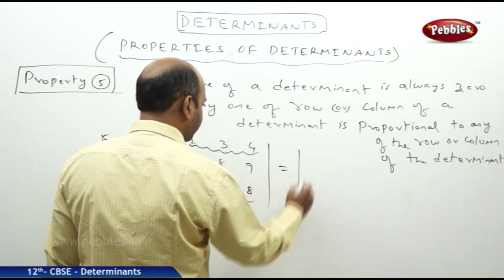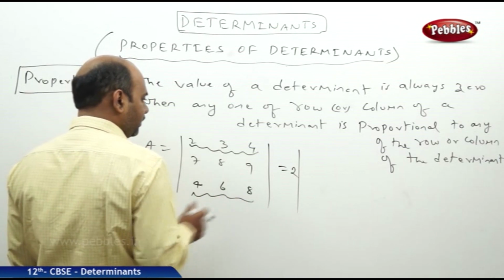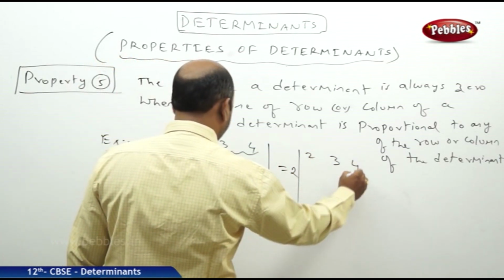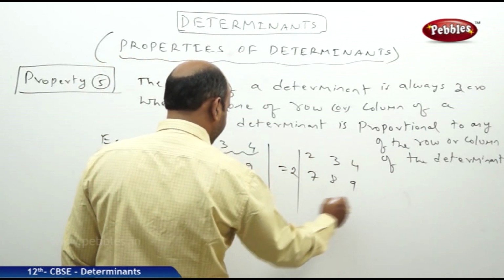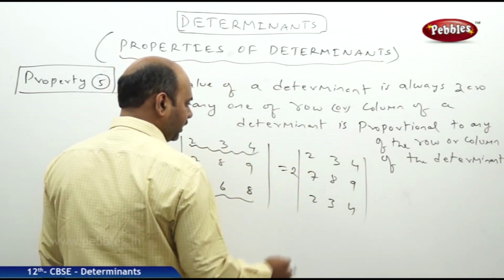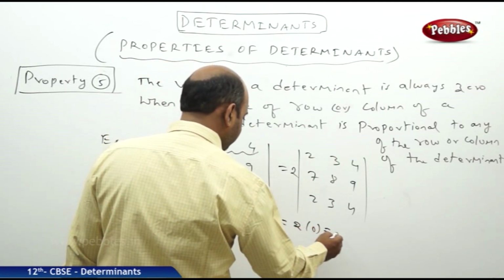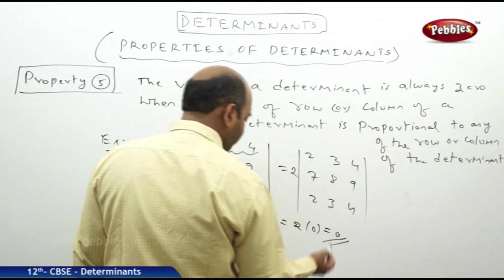That means 2 taken common from the last row, so it turns into 2, 3, 4, 7, 8, 9 and 2, 3, 4. Then 2 rows are identical, and 2 rows identical means definitely its determinant is 0. So the value is 0.